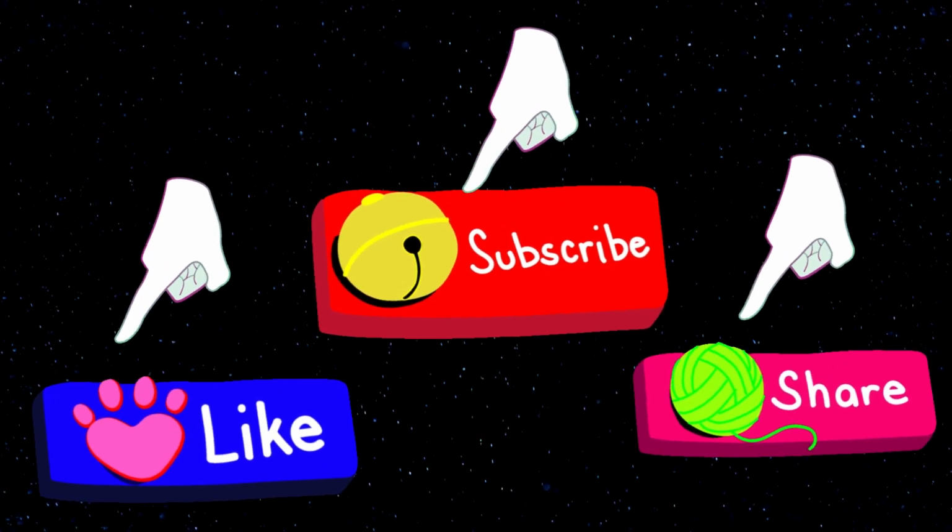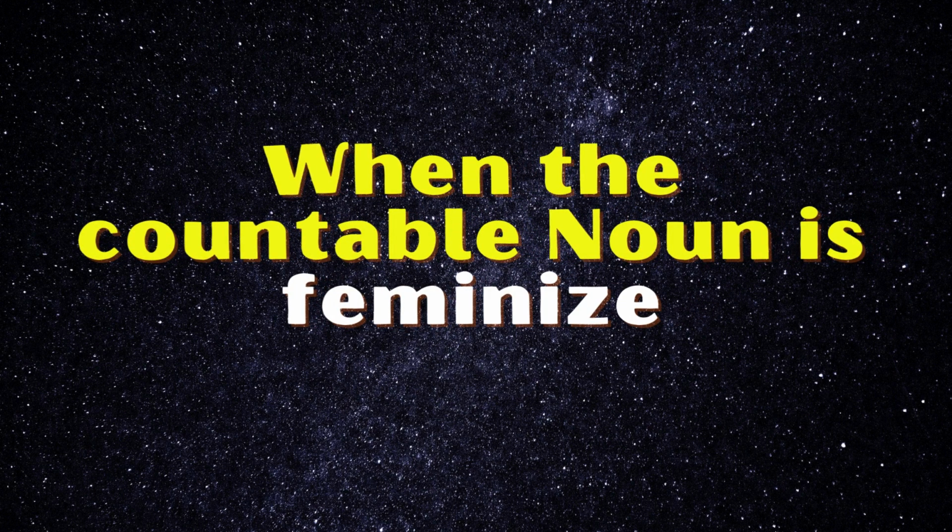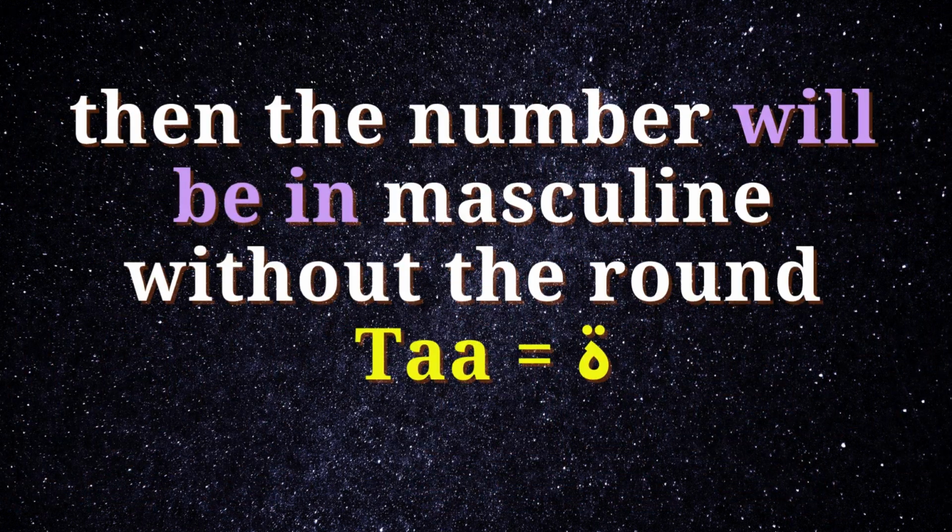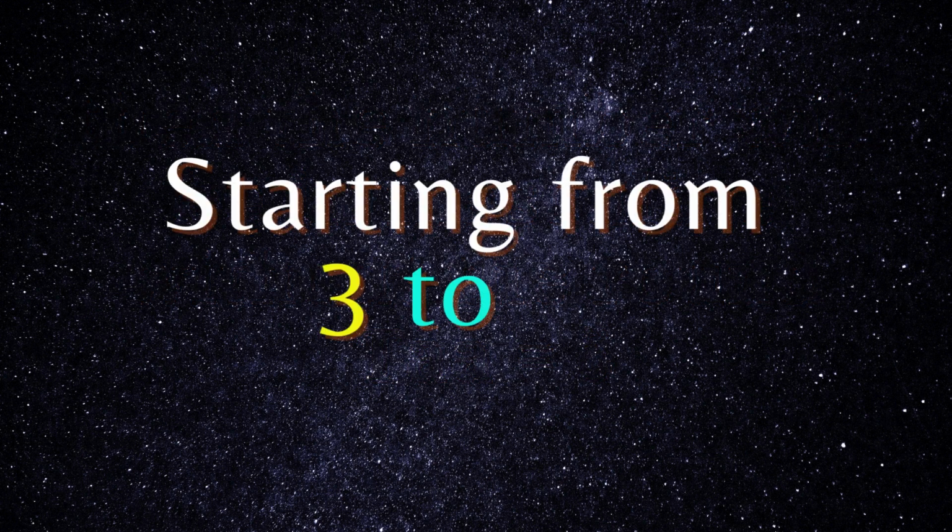So that suffices that. For example number 2, when the countable noun is feminine, therefore the number will be masculine without the round ta, the ta marbuta, starting from 3 to 10.